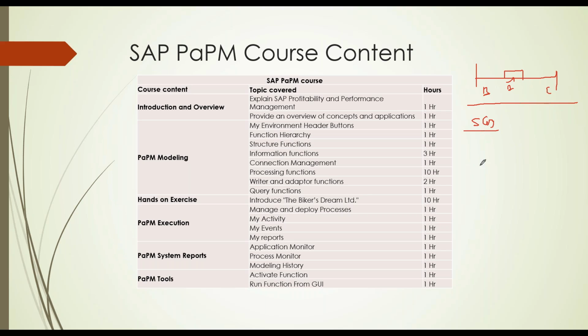After completing the training, you can go to the sample content, where it is mentioned in detail why the allocation is happening, what functions they are using, how they are interconnected, and how data is flowing.